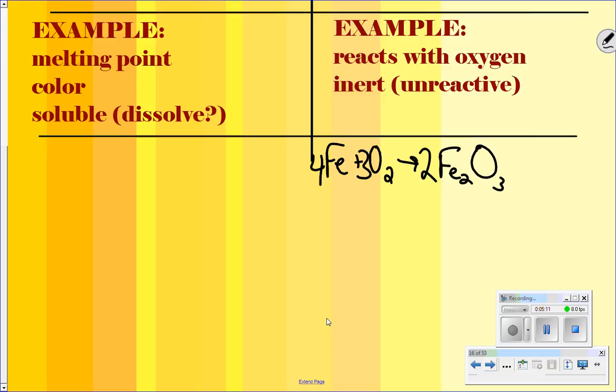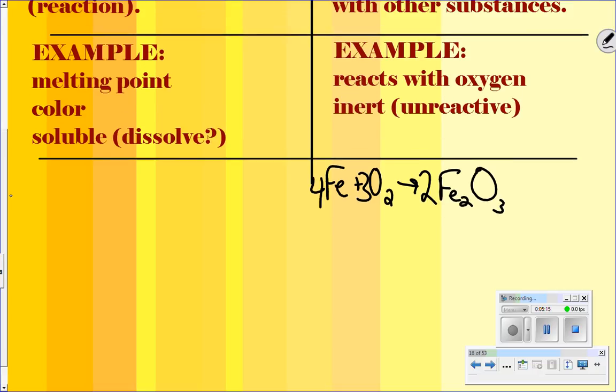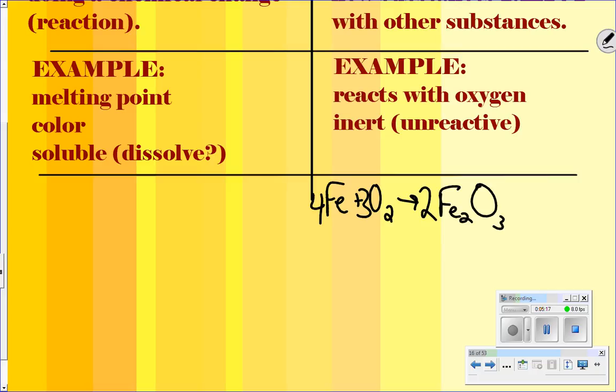So iron oxide is actually a different combination of iron and oxygen. They're bonded together in a different way. Saying something is inert or not reactive, or saying something is corrosive or highly reactive, those are all things that talk about how a material reacts, and therefore refer to chemical changes.